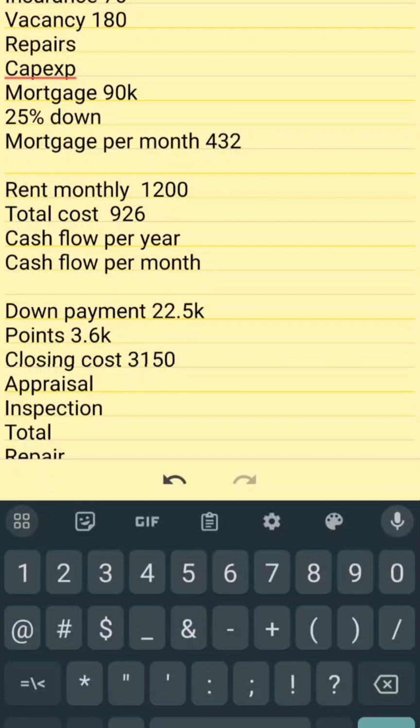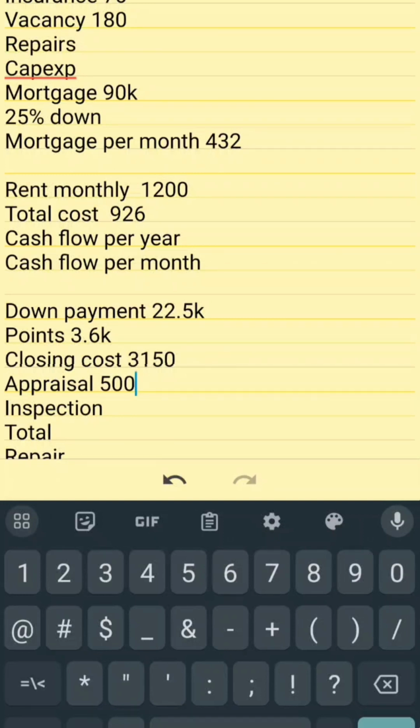The next is your appraisal. For mine, it's roughly $500 per appraisal. Obviously, it's going to vary with each area. Your lender should be able to tell you how much the appraisal is going to cost. The inspection for me is right around $340.